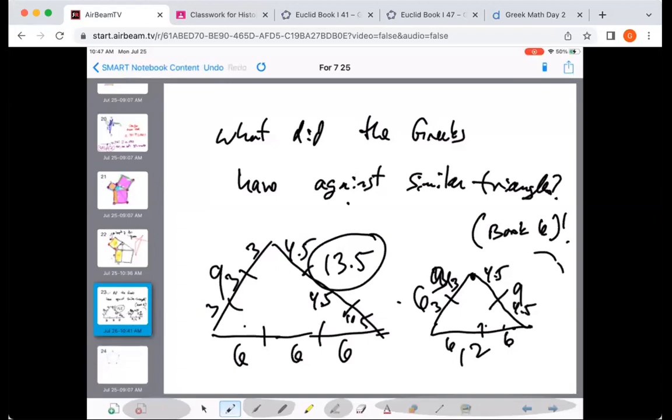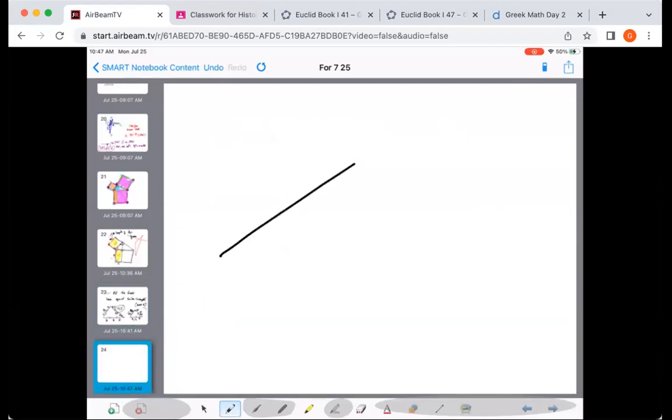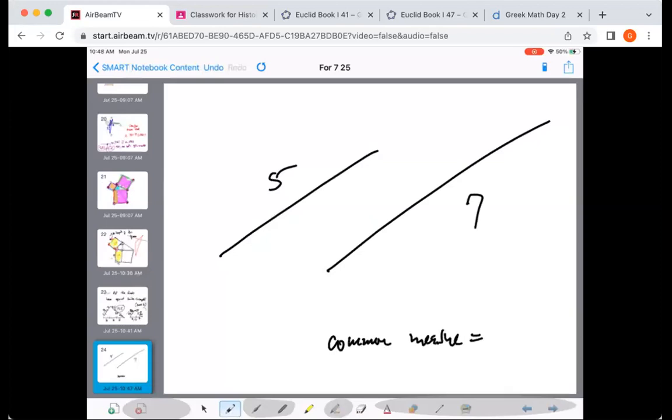For instance, even if it's 5 and 7, I can say the common measure is equal to 1, and the 5 is cut into 5 ones, and the 7 is cut into 7 ones.